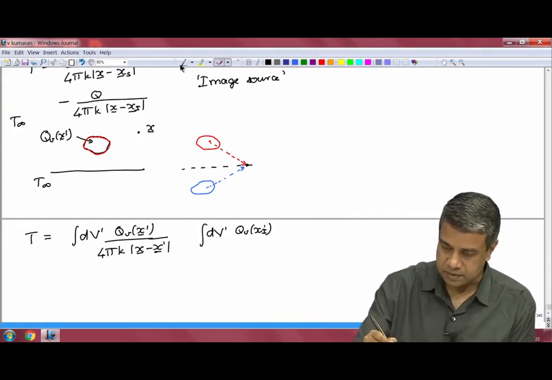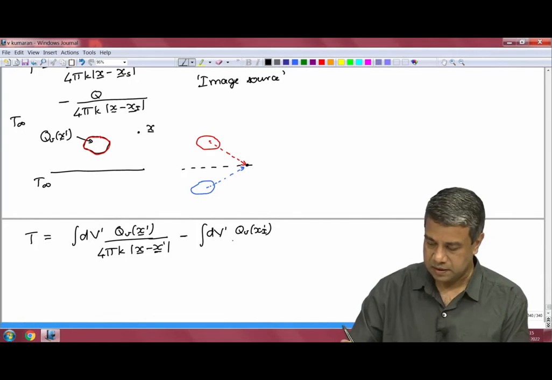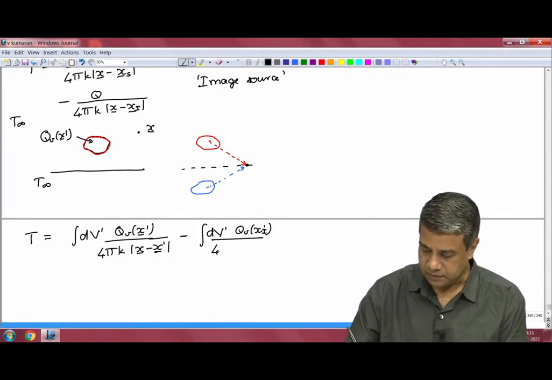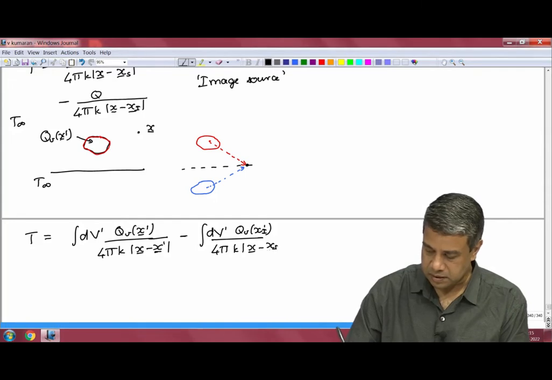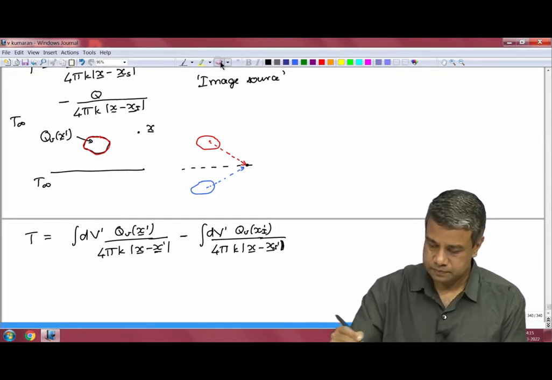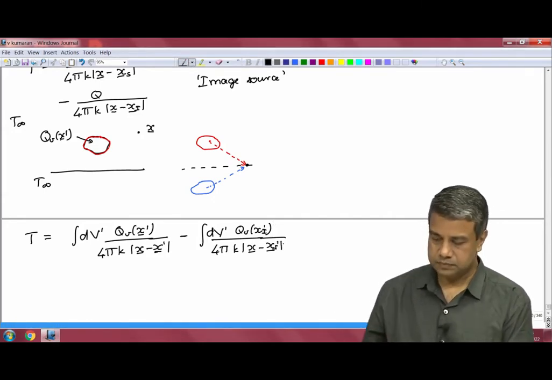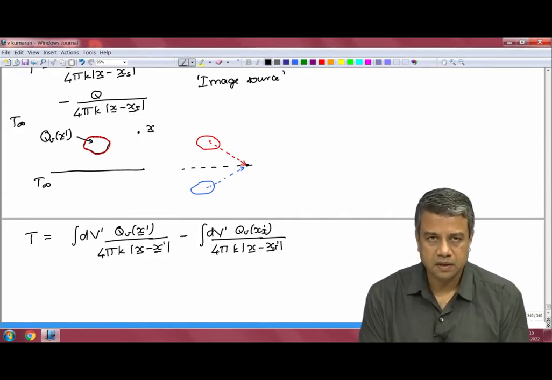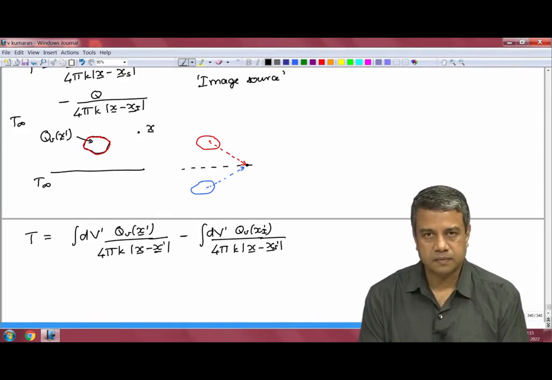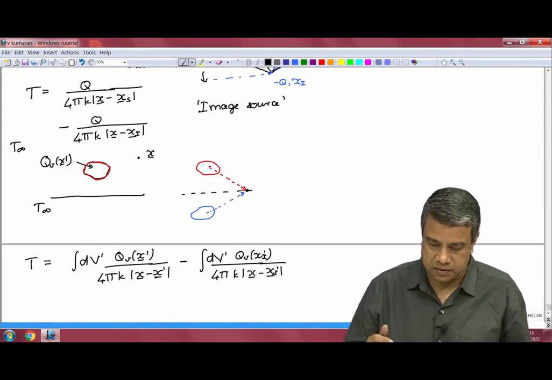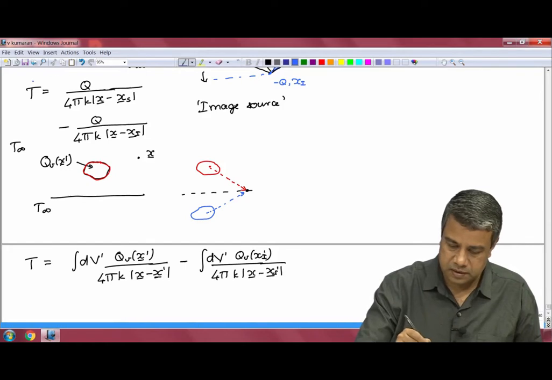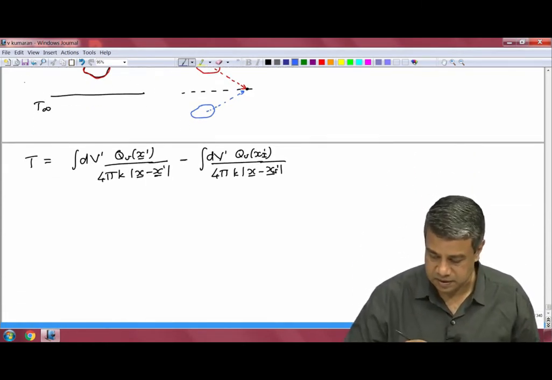This should be a negative sign because this is opposite in sign, divided by 4 pi k times the magnitude of x minus x_I prime. So, this is a simple extension of the method of images for a distributed source. This was for a point source, and I have just extended this for a distributed source. It is a straightforward extension.